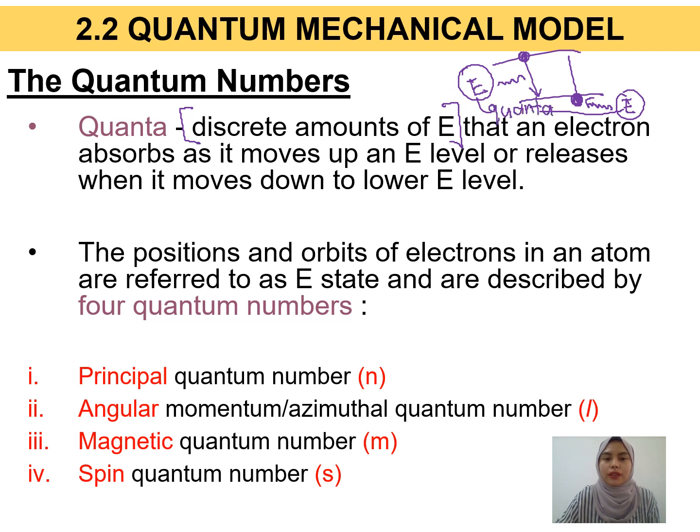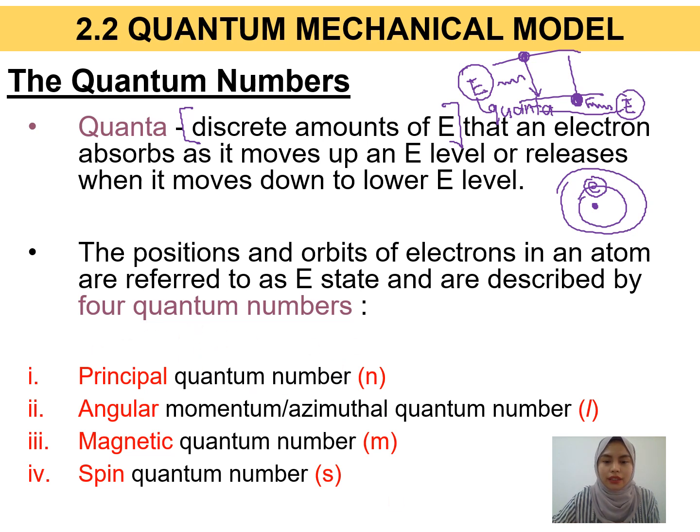Okay, alright. And also, let's say you have a nucleus and you have an electron orbiting the nucleus, the positions and orbits of electrons in an atom are referred to as energy state. This energy state you can describe by 4 quantum numbers. So what are those 4 quantum numbers?